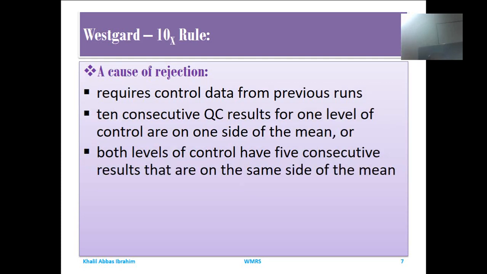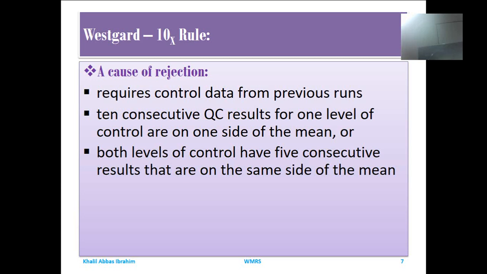Westgard rule, the last one, which is the 10x rule, is also a cause of rejection. It means that if it happens, measurements should be rejected immediately, and this requires control data from previous runs.